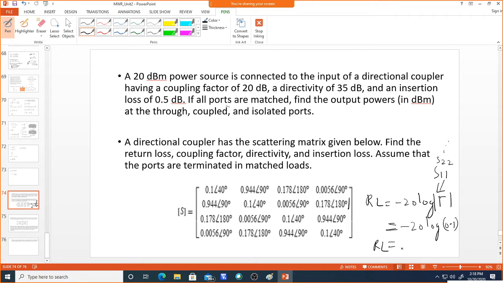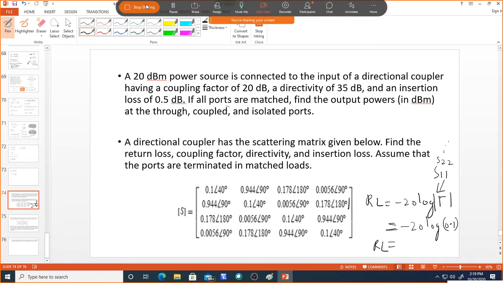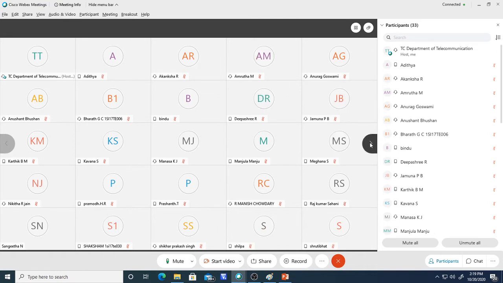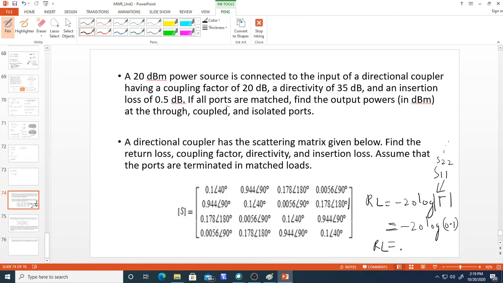What is the value? Okay, that is 20 dB. So you are getting 20 dB, which is okay.